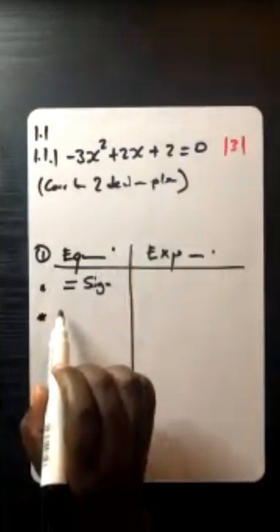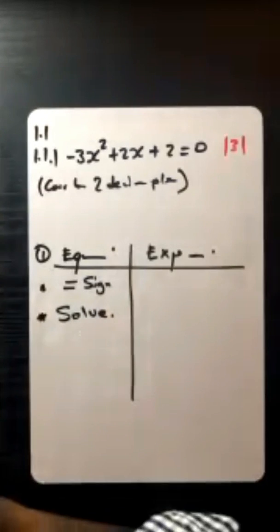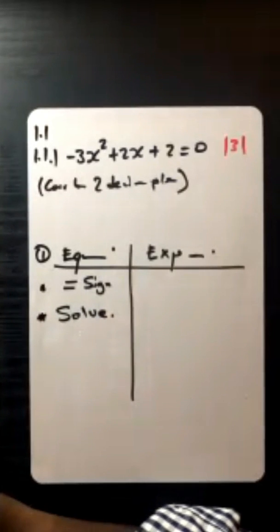When you've got an equation, what do you do? You must solve. What are you solving? You solve for the unknown. What is the unknown?